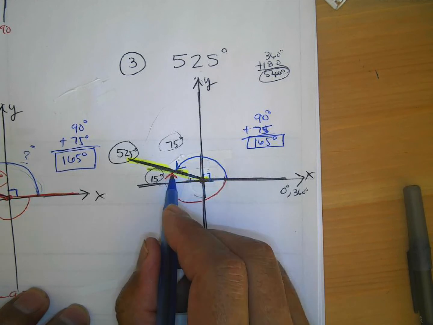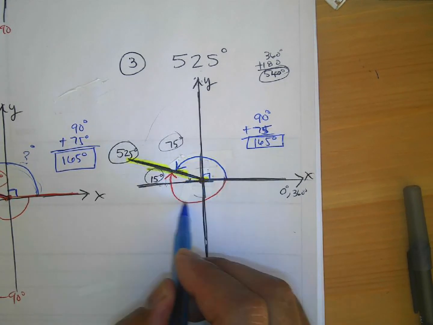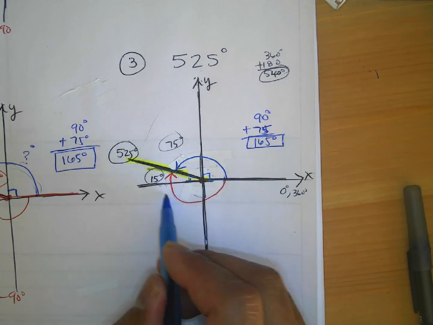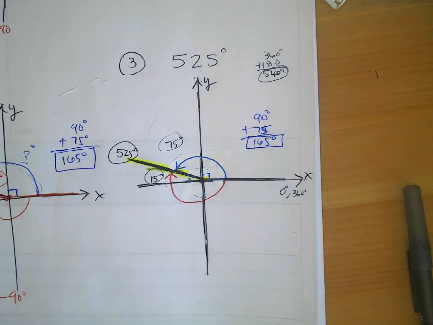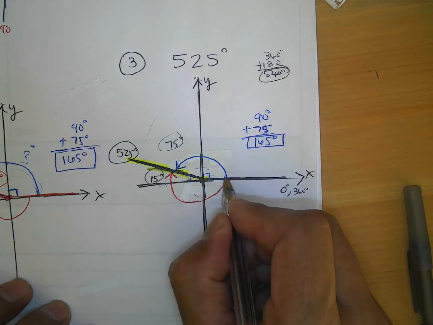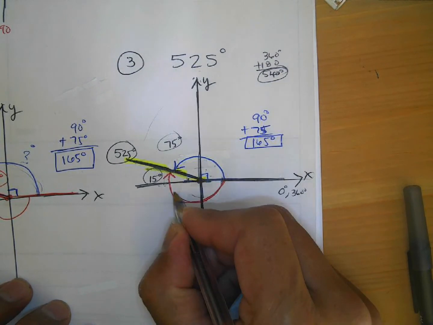I know these angles in this quadrant. Now if I want to find a negative angle that's going to also just be the first rotation around, how much is this? Well, I know this is 90 plus another 90.